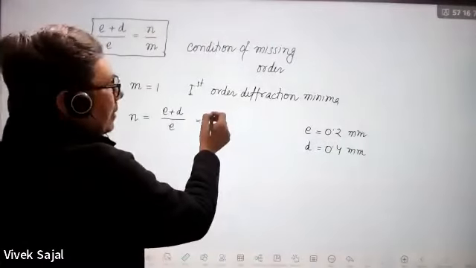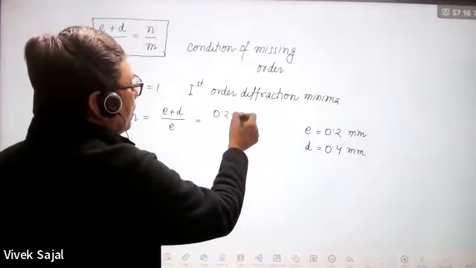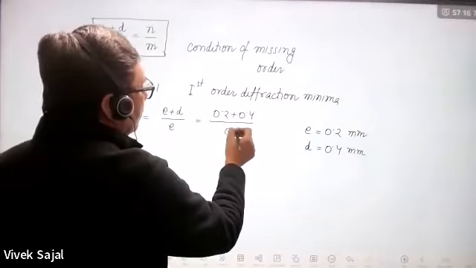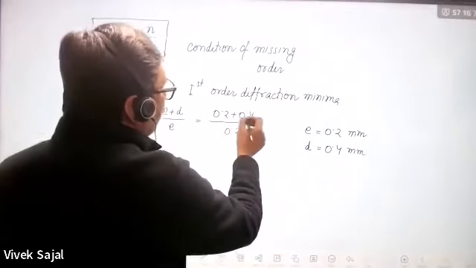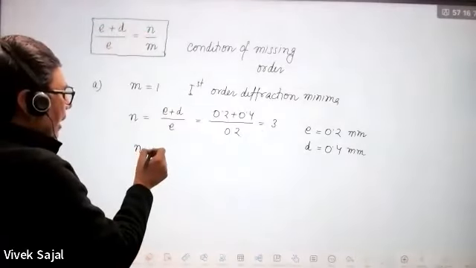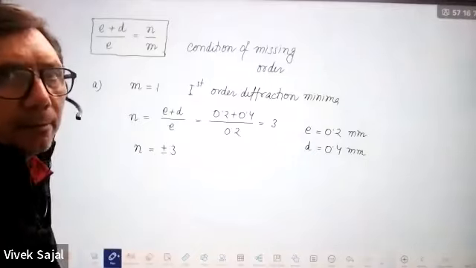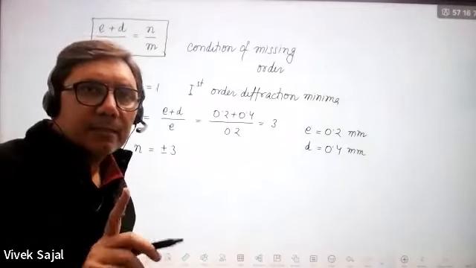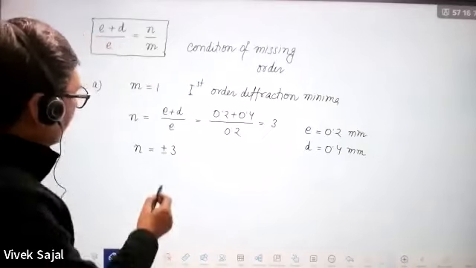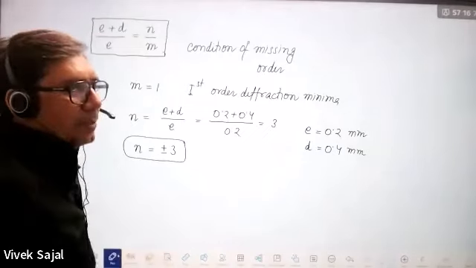Then this is (0.2 + 0.4) divided by 0.2. So this will be 6 by 2, which is 3. It means the nth order plus minus 3 interference maxima will be absent. So n equal to plus minus 3 will be absent.